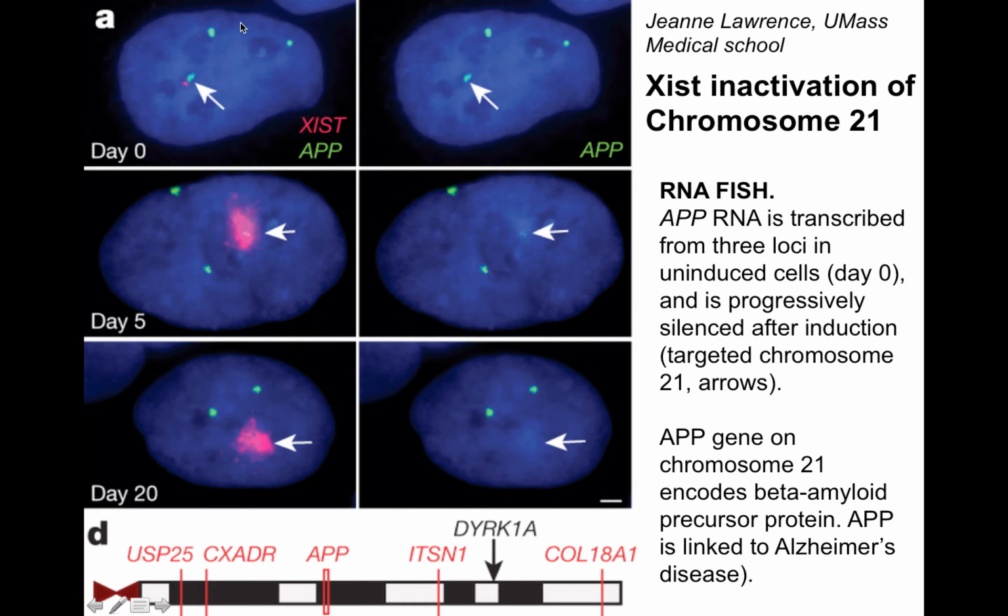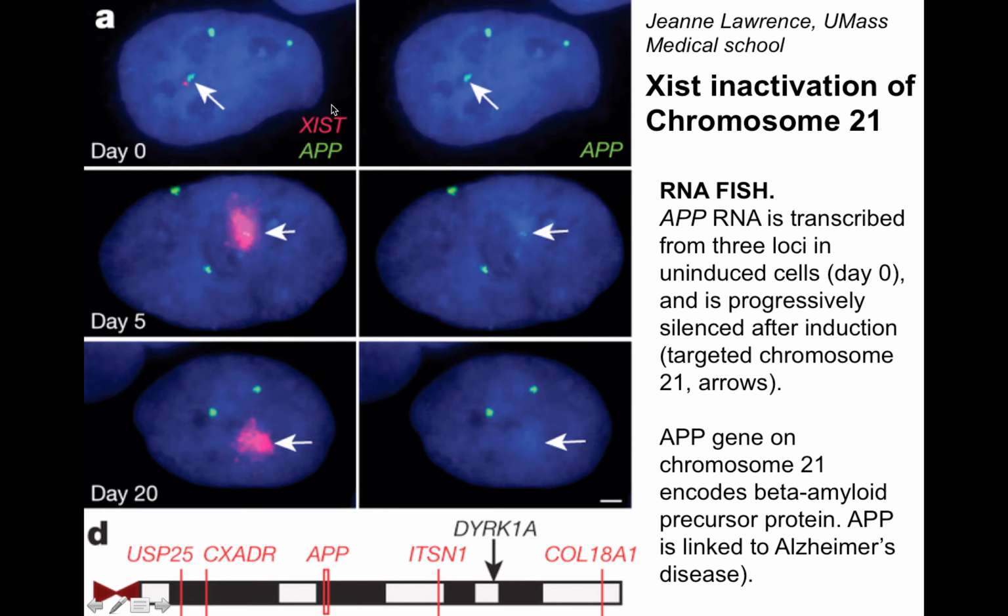Okay, this is the beginning experiment. These are mouse cells with three copies of human chromosome 21 in them. Okay, at day 0, what you can see is that the APP RNA is being produced from these three copies of the chromosome.